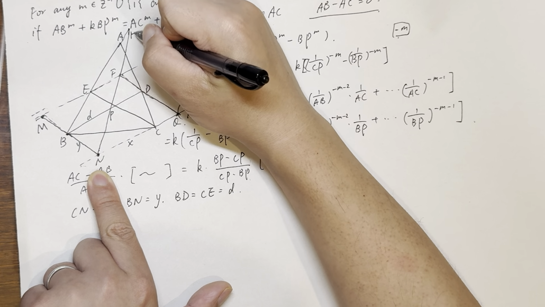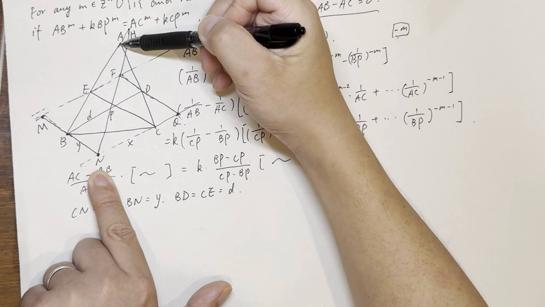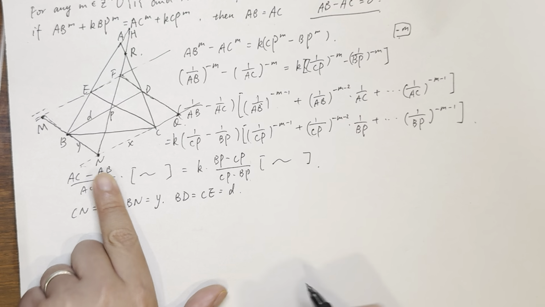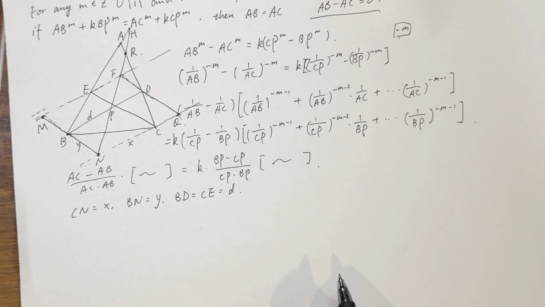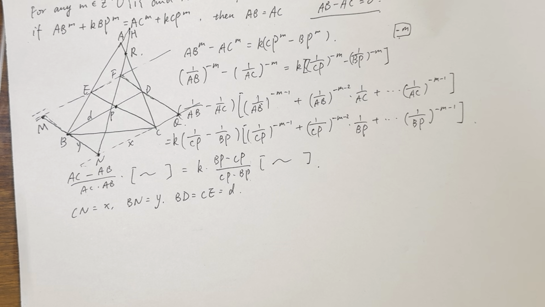Let's call it H. And NF meets AC at a point R. Right? This point is P. Okay?